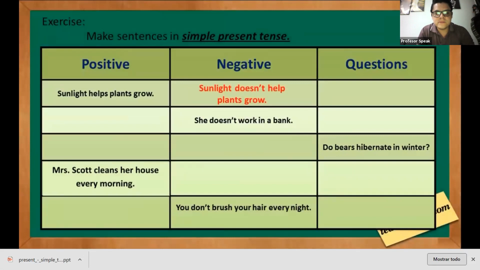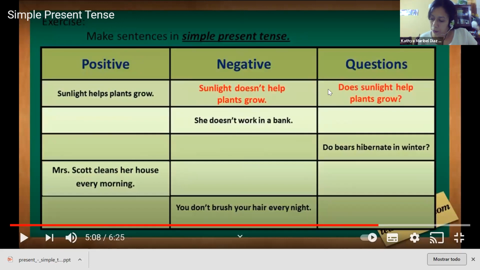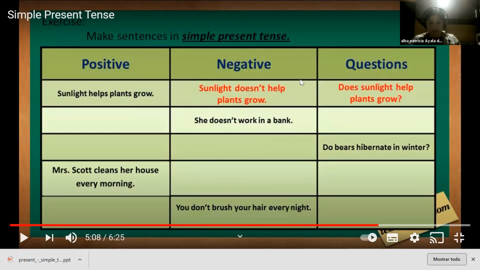And for the question, it should be, does sunlight help plants grow? All right. Correct or incorrect? Correct. Very good. Sunlight doesn't help plants grow. And does sunlight help plants grow? Okay. Very good. Let's continue.